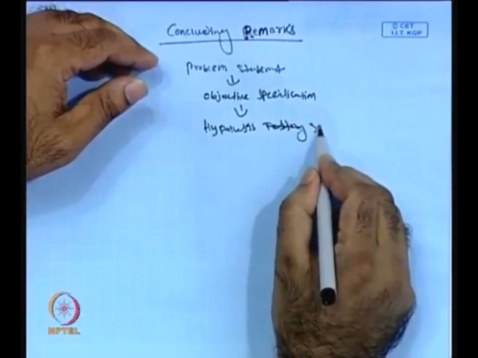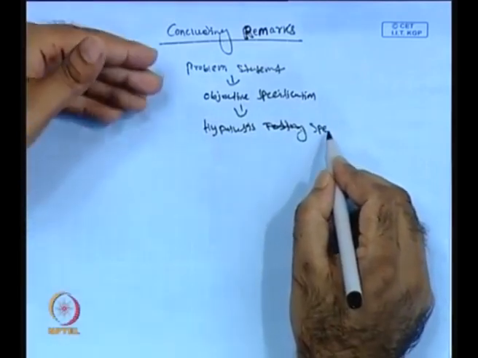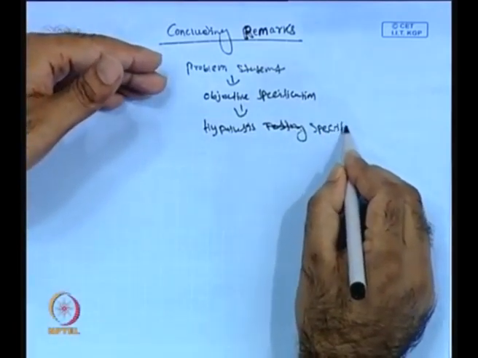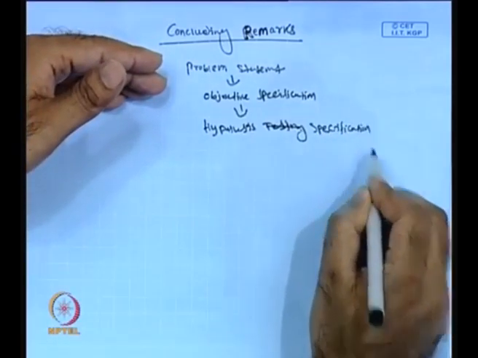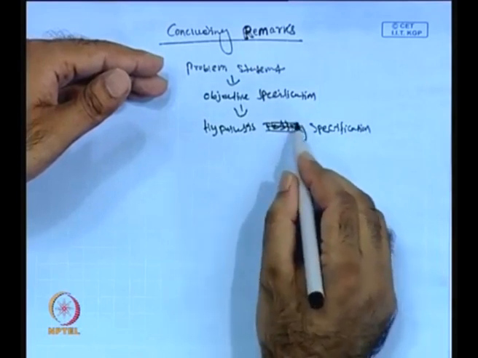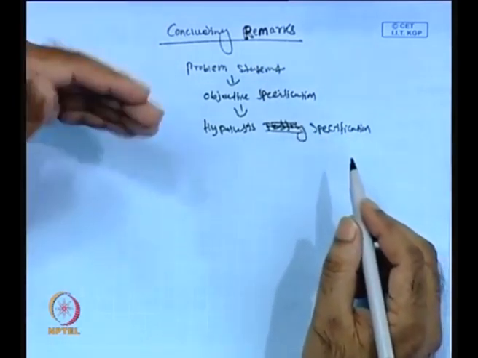So, the first step is the problem statement, the second step is the objective specification, and the third step is the hypothesis specification. It is not hypothesis testing yet; we will go to testing in a later part. As far as testing is concerned, we apply the null hypothesis and the alternative hypothesis.